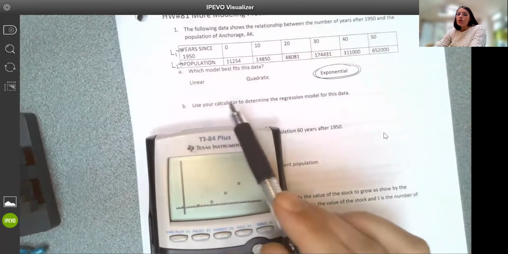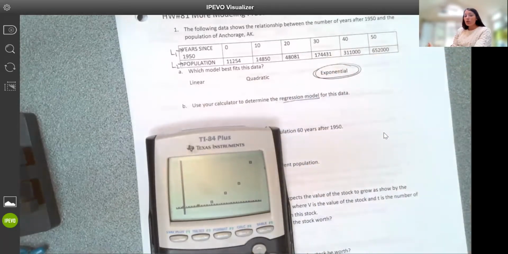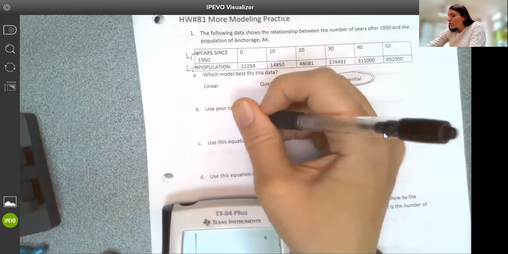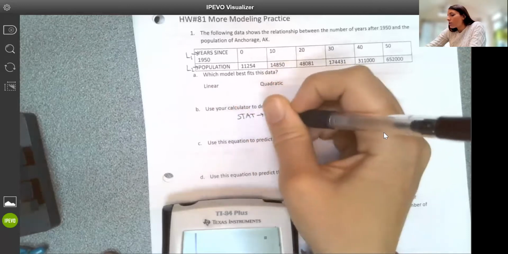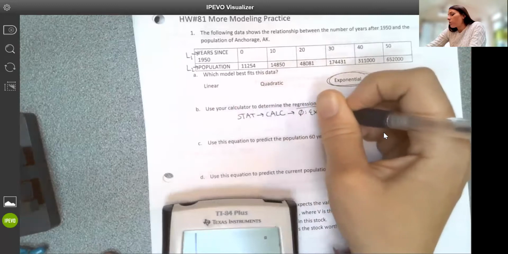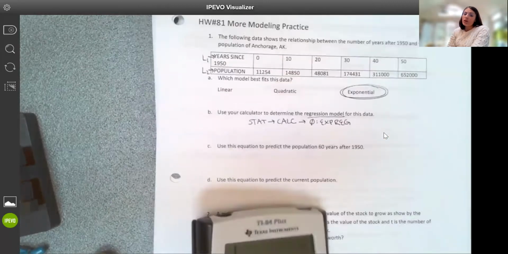So now it says use your calculator to determine the regression model for this data. That's what we were just doing in the first part of these notes. So this is where I go into stat and go over to calc. And for this one, because it's exponential, we'll hit option 0. And that's going to give me my equation.